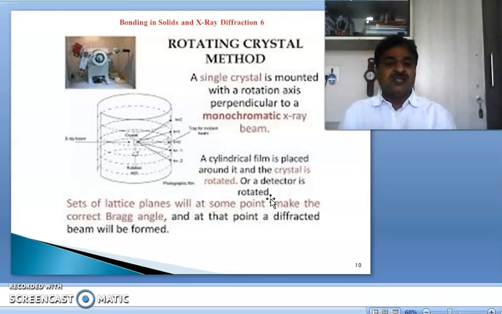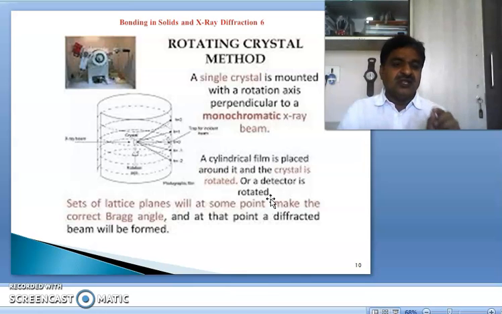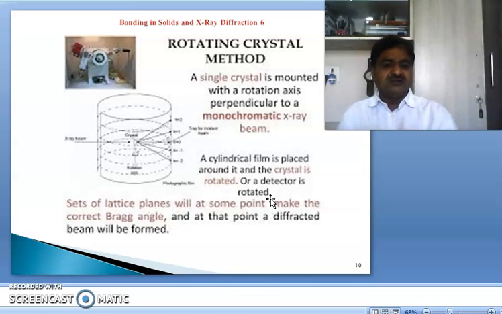Sets of lattice planes will at some point make the correct Bragg's angle. You know Bragg's law. Reflection and diffraction take place whenever Bragg's law holds true, that is 2d sin theta equals n lambda. Then only diffraction and reflection take place, and we will obtain various such images. So the spots are observed on this photographic film.